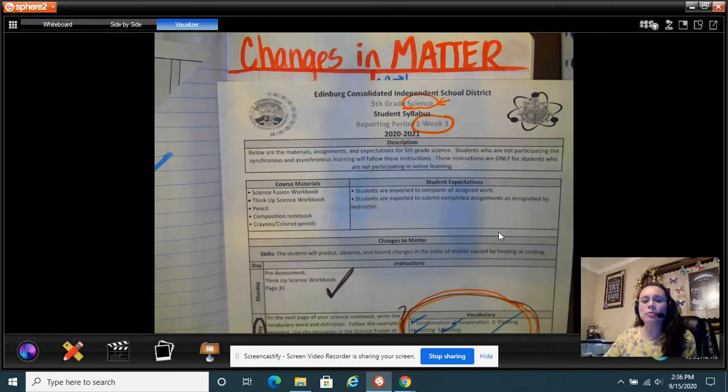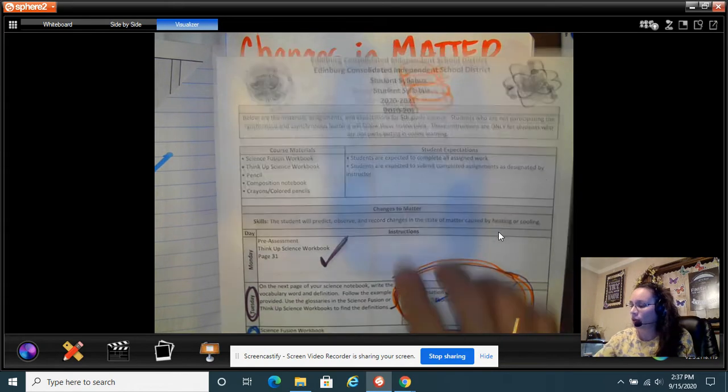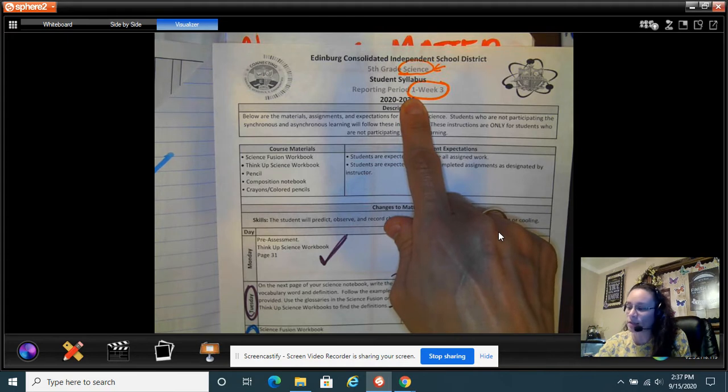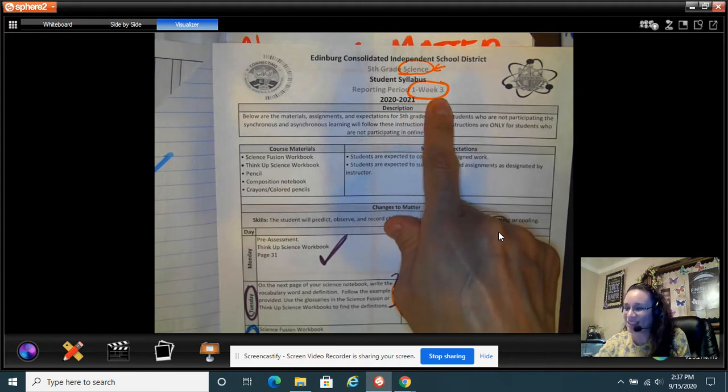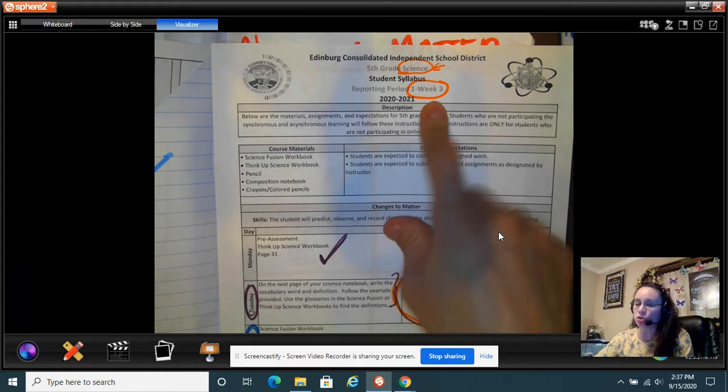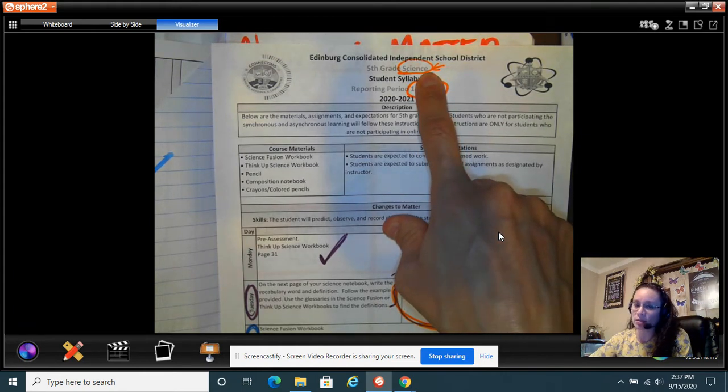The syllabus says reporting period 1, which is the first 6 weeks, week 3, that's now. This is September 14th through the 18th. So you have to make sure that you're in the right week and in the correct subject. So this is science.